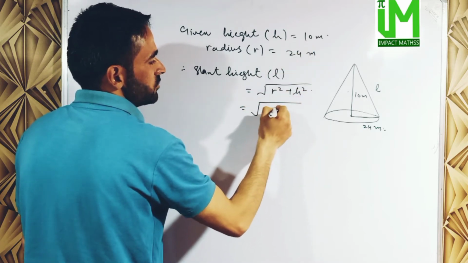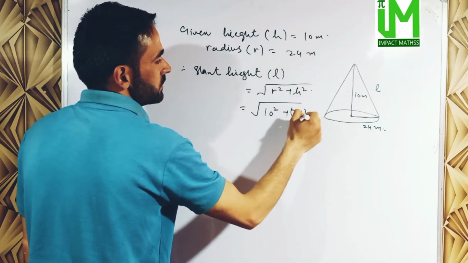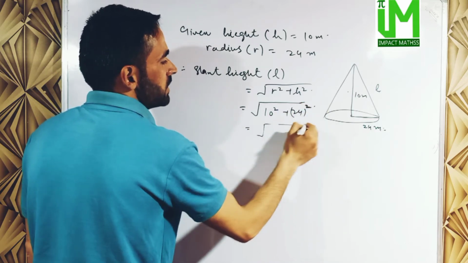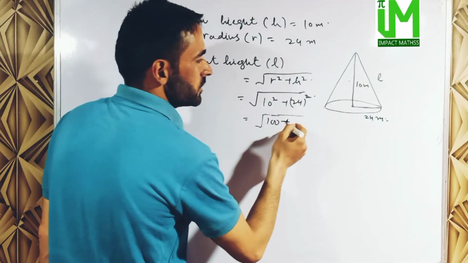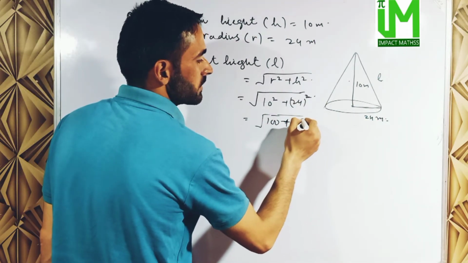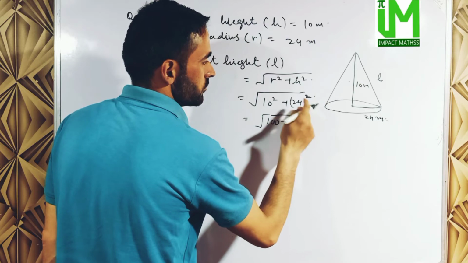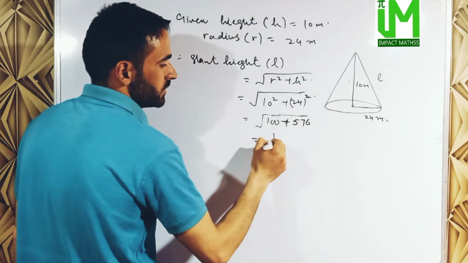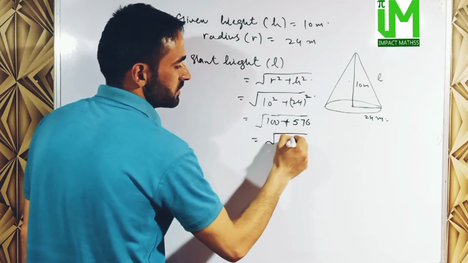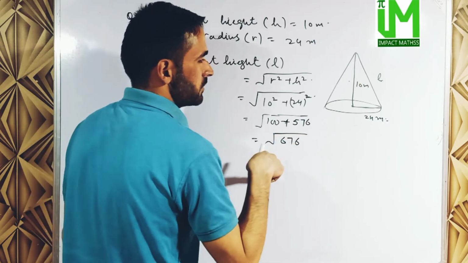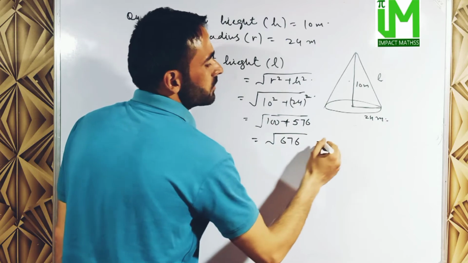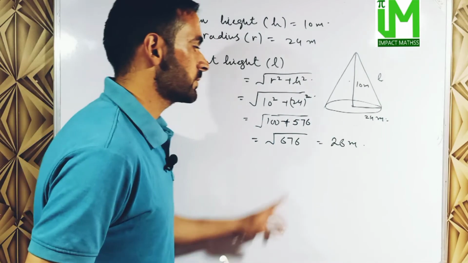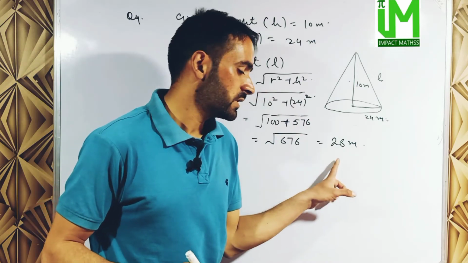So it will be 10 square plus 24 square. 10 square means 100, plus 24 square, which will be 576. So it will be under root of 676. 26 square, so it will be 26 meters. So slant height of the cone is 26 meter.